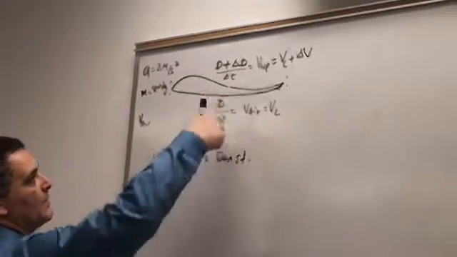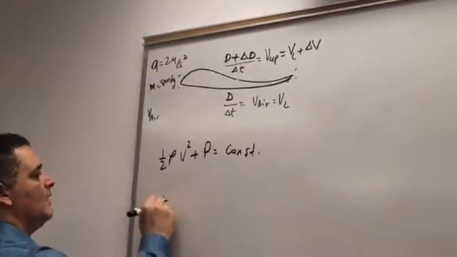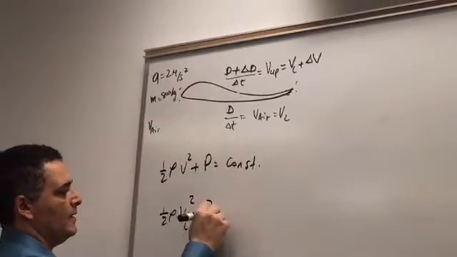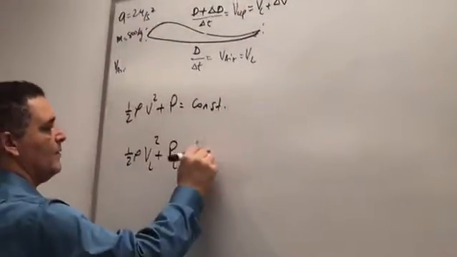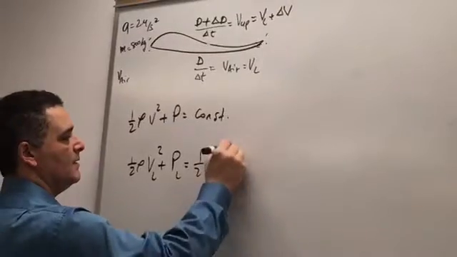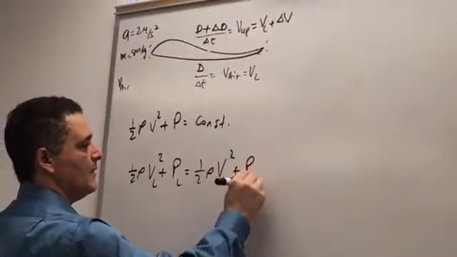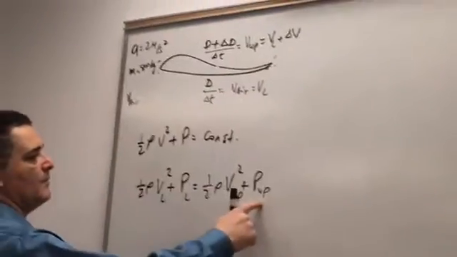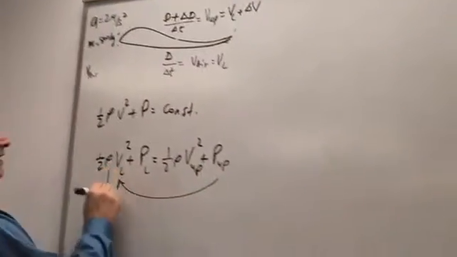So if we look at it in terms of the upper and lower, we can say 1/2 rho V lower squared plus the pressure lower equals 1/2 rho V upper squared plus the pressure upper. Now we can see that V upper is more than V lower, so we can bring this guy over like that and this guy over like that.